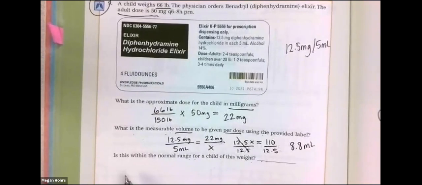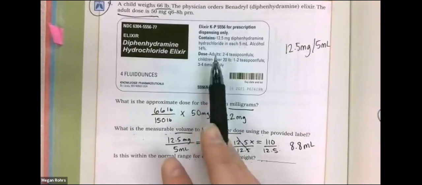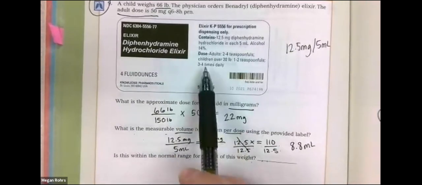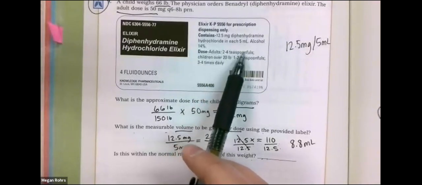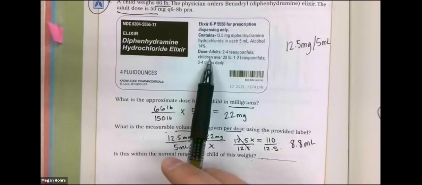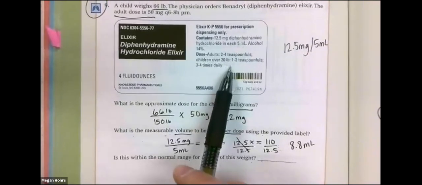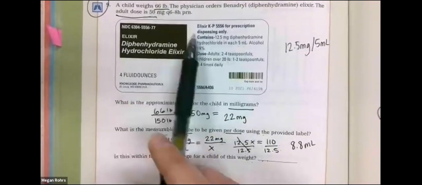So then it says, is this within the normal range for a child of this weight? Well, let's take a look at what this says here on our label. So it says dose for adults. Well, we don't really care because we're looking at a child. Then it says children over 20 pounds. Well, my child is over 20 pounds.